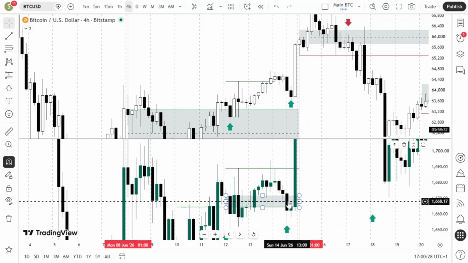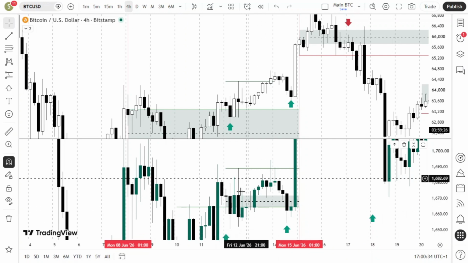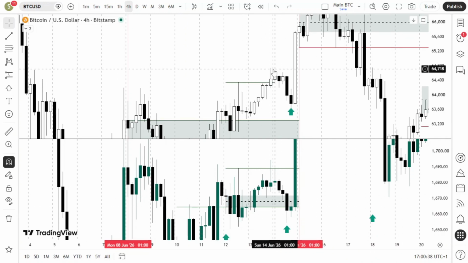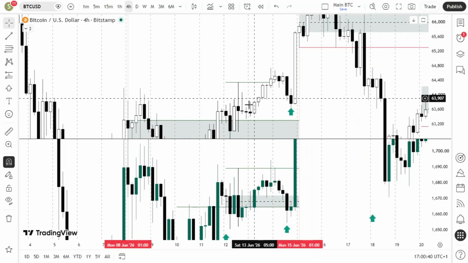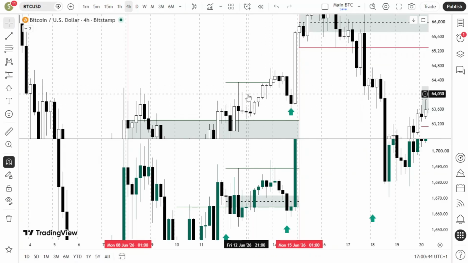Now you can see how, as we're returning back inside of this daily order block, we're returning inside of the 4-hour order block that aligns with the daily order block. Likewise here, we will trace back into the 4-hour order block that aligns with the daily order block. So you can see how slowly this is starting to look like a script that just repeats.